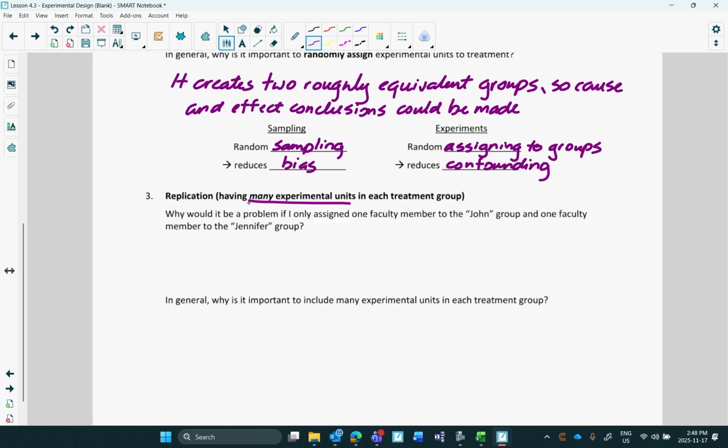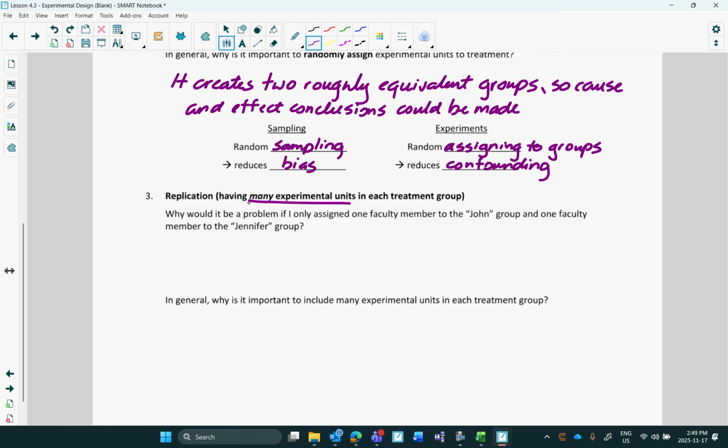But why would having only one in each group not be very good? The amount of faculty members. Yes, you're right. It's not large enough, but what could that cause? If we only do one in each group, what's now the focus? Their personality basically dictates the entire experiment.